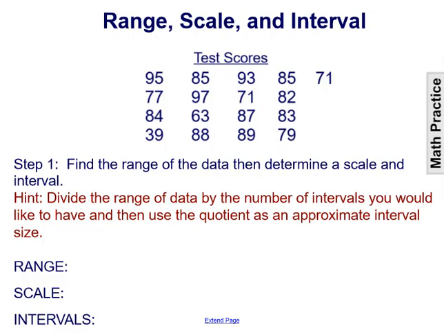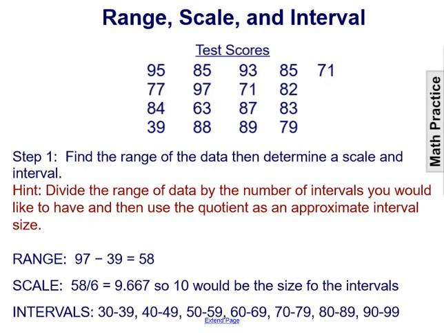So finding the range, you need to look for your maximum data point, your highest number in your data, and your minimum data point, your lowest number in your data, and then find the difference. Our highest data point in this data is 97, and the lowest is 39.